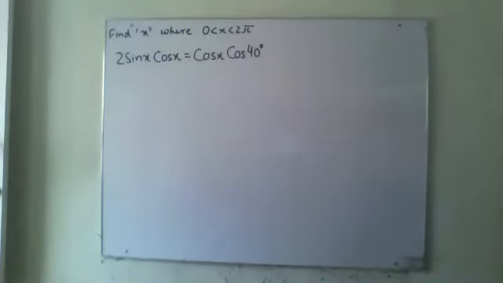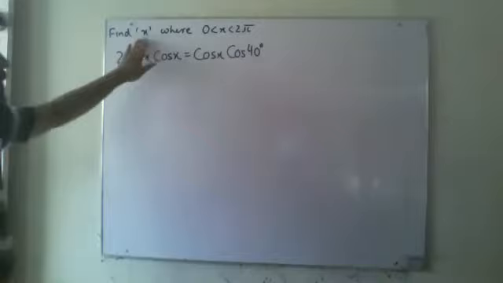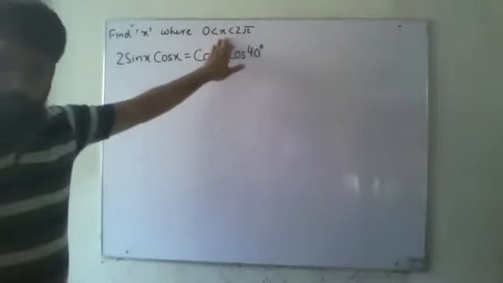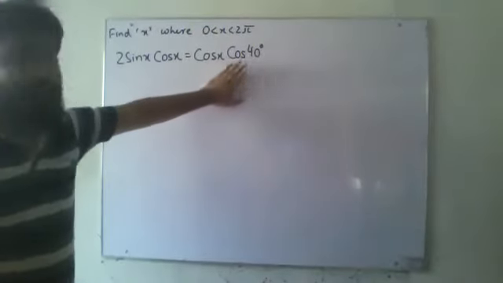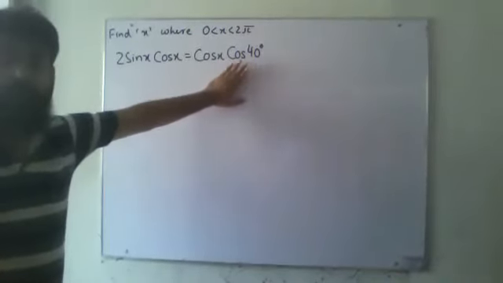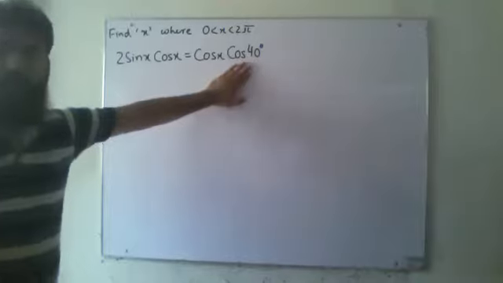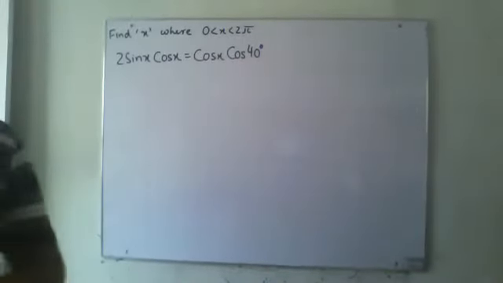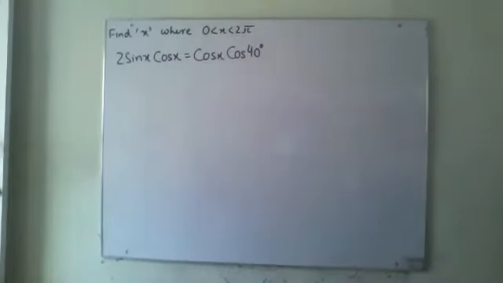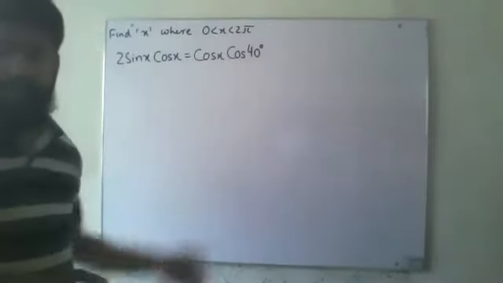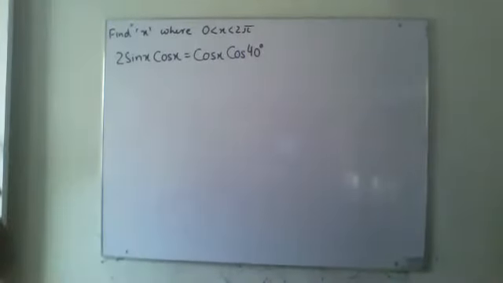The whole question will be solved in radian mode because it is up to 2 pi, but as you can see this is written cos 40 degrees. So you have to find this value by first shifting your calculator to degree mode. You will find this value and then shift your calculator back to radian mode and we will solve the rest of the question.